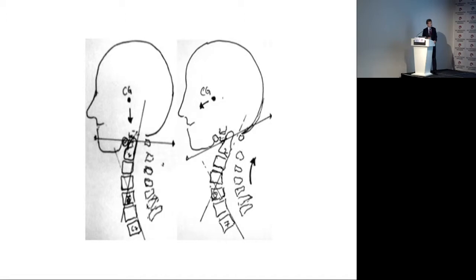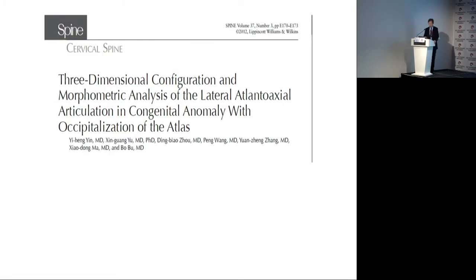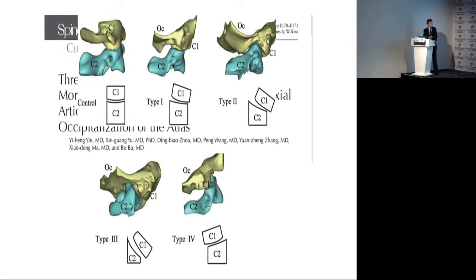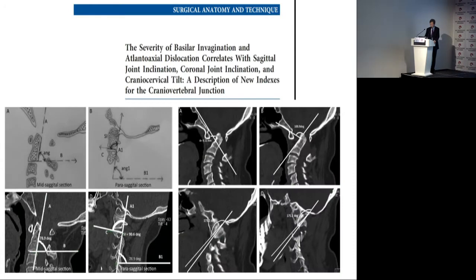So C1, C2 become dislocated. And also, some research from China found, with 3D CT scan, that if the deformity of the lateral facet joint between C1 and C2 is more severe, the dislocation between C1 and C2 will be more severe. And Kondo also focused on the lateral facet joint.